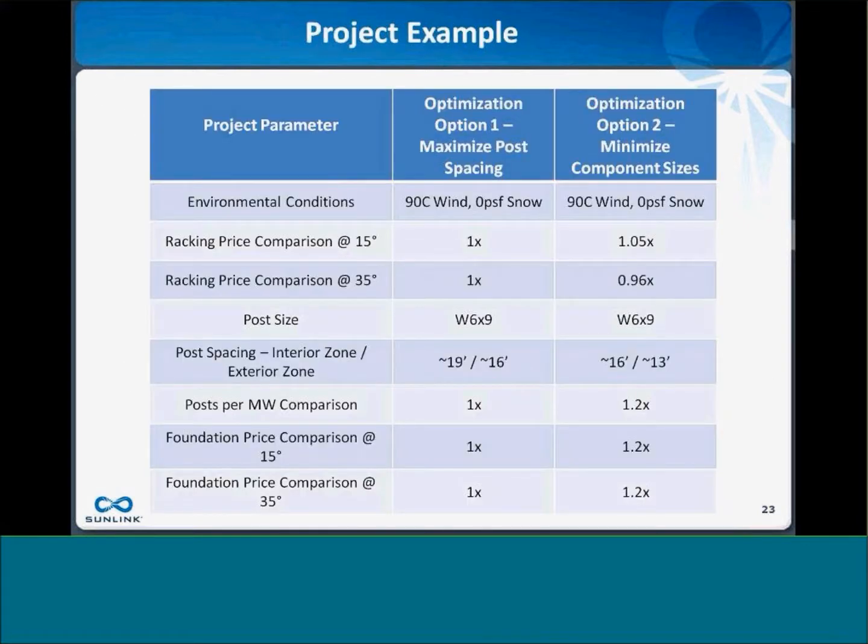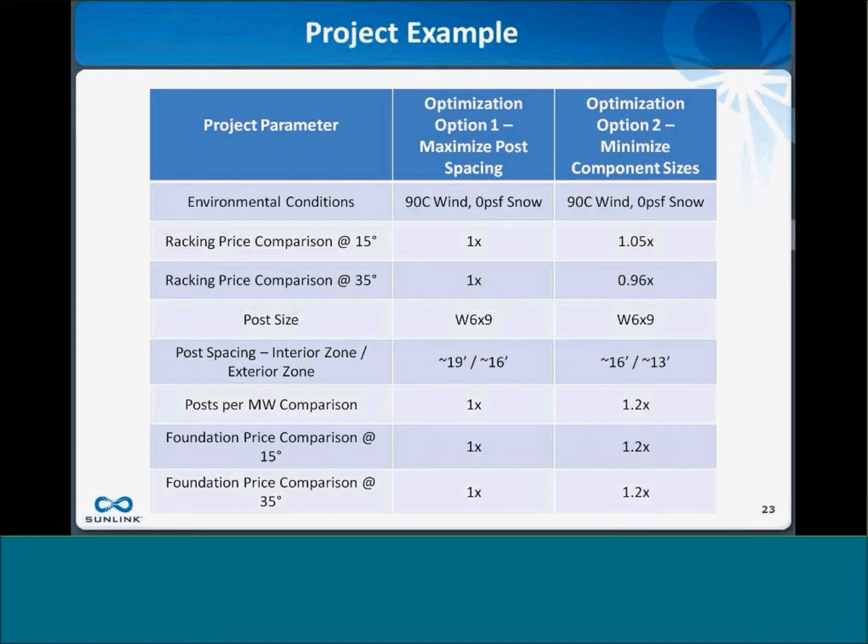So this is just one project example to give you a little bit of a sense of how these things can affect your project. So looking at just a 90C, 0 PSF snow, so this is kind of typical California conditions, for a racking price comparison, we're looking at one system at a 15-degree tilt and one system at a 35-degree tilt.